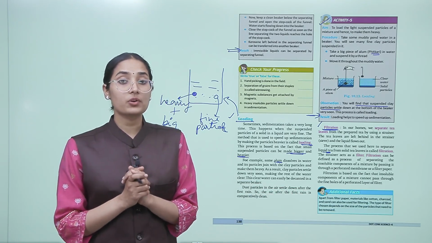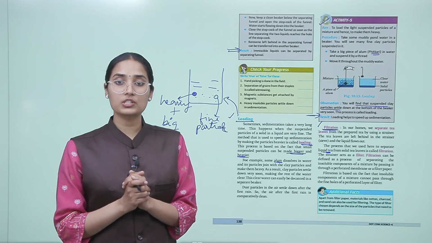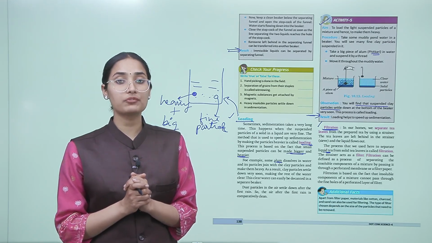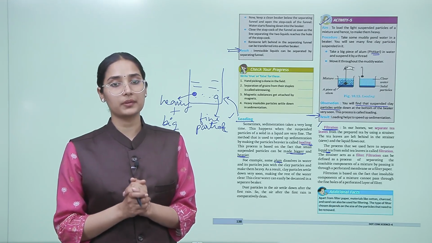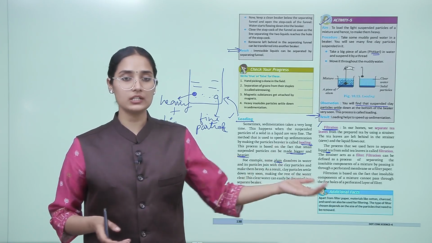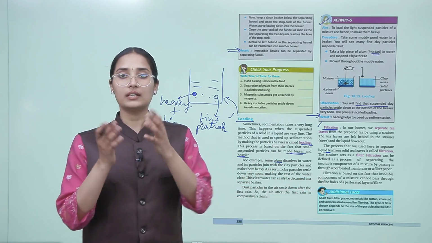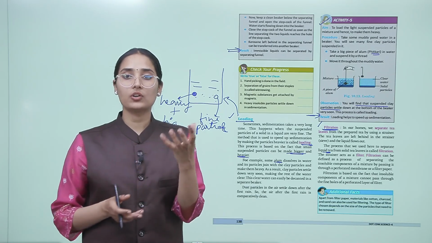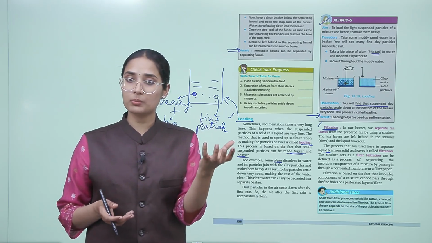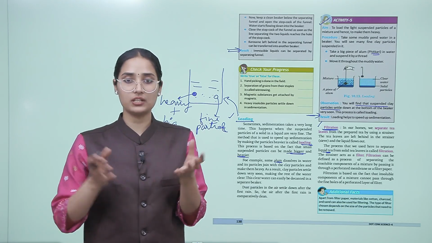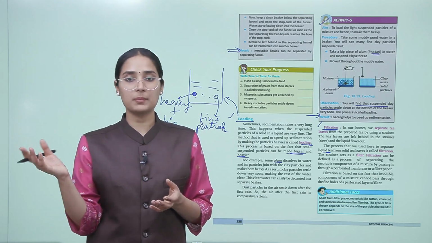Filtration can be defined as the process of separating the insoluble components of a mixture by passing it through a perforated membrane or a filter paper. Basically, the filter is used to filter the mixture, where the liquid is passed through the strainer and then separated out.